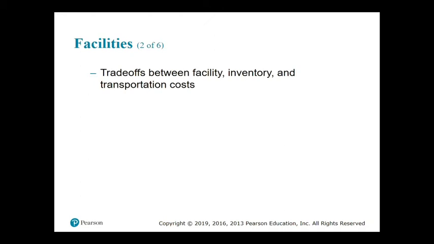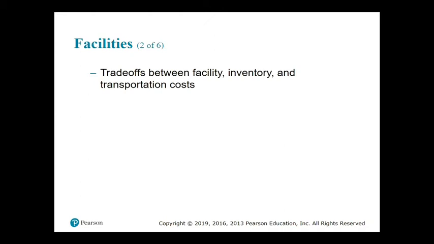So there is also a correlation and trade-off between facility decisions and the costs involved in inventory and transportation. Now, if we say increase the number of facilities, how do we expect the inventory and transportation costs would change?